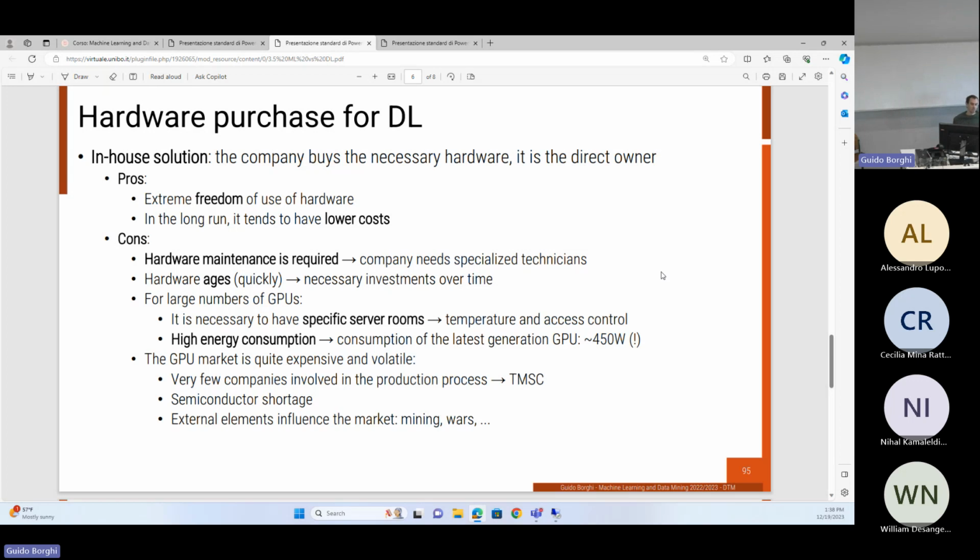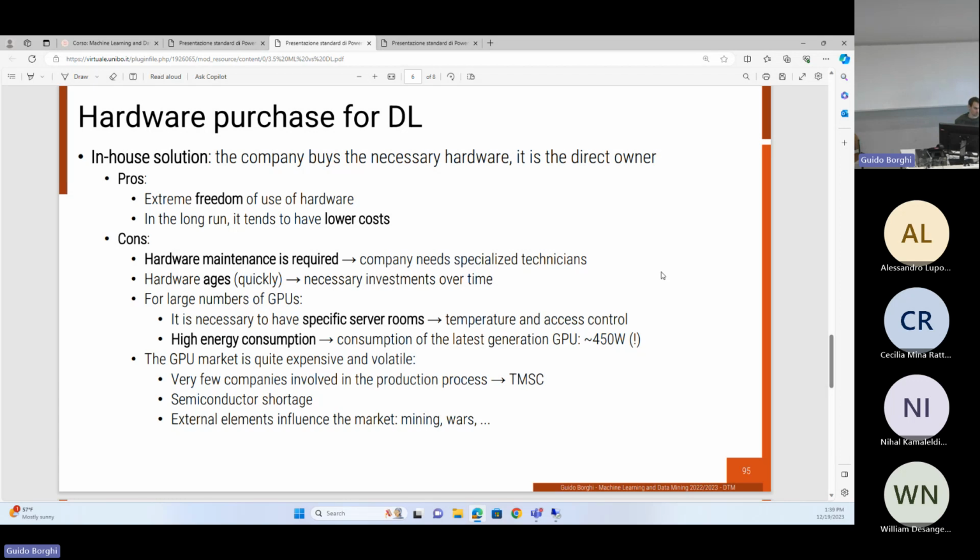And also we have a very high energy consumption. Remember that a single GPU of the latest generation is able to consume about 500 watts of energy, so a large amount of energy. And finally, the GPU market is quite expensive and volatile since we have problems in the production of these chips. Very few companies are involved in the production process of GPUs.